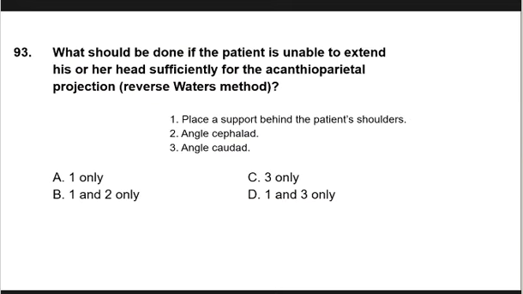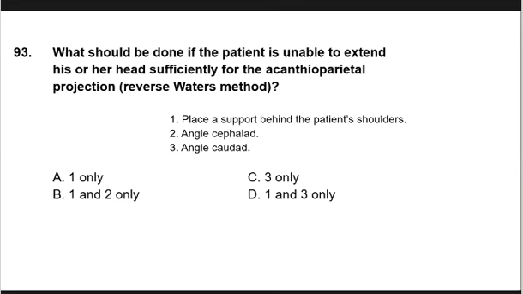Next question, what should be done if the patient is unable to extend his or her head sufficiently for the acanthoparietal projection? The acanthoparietal projection is also known as the reverse Waters method. Normally, we only do the reverse Waters method during vehicular accidents or when the patient is unable to perform the Waters method.